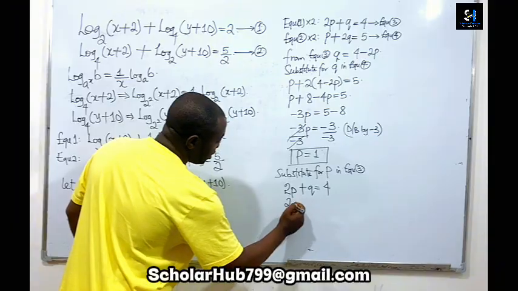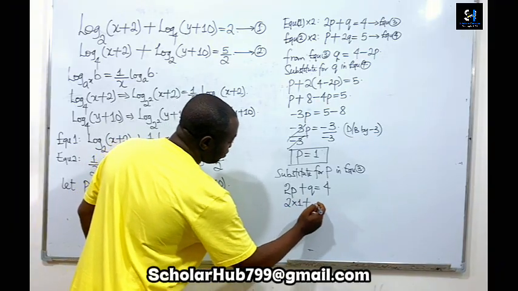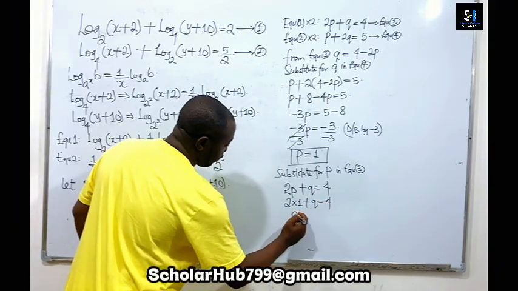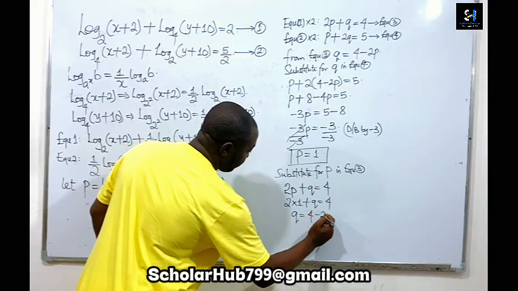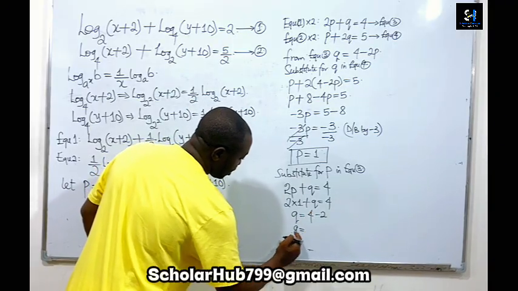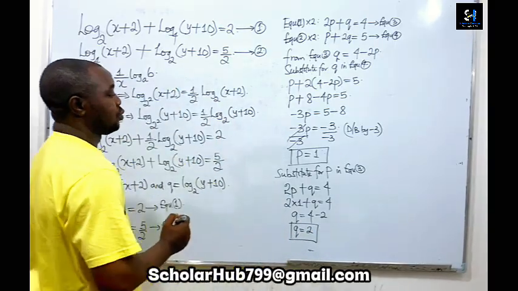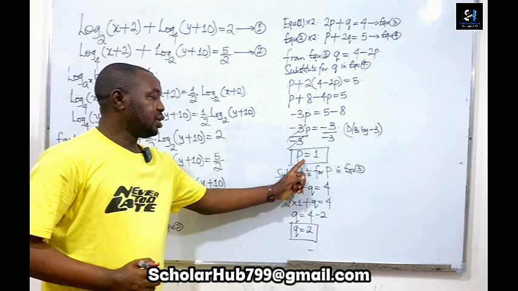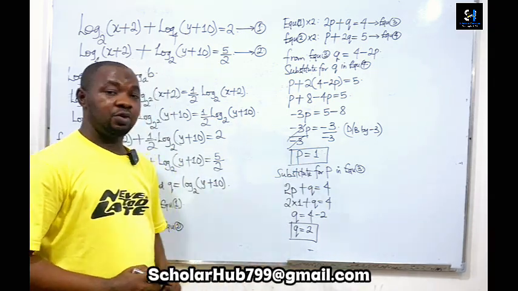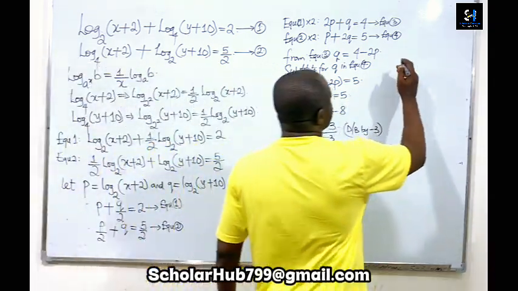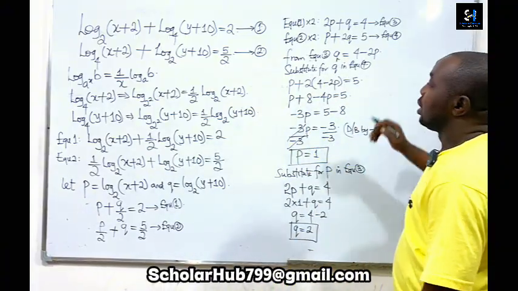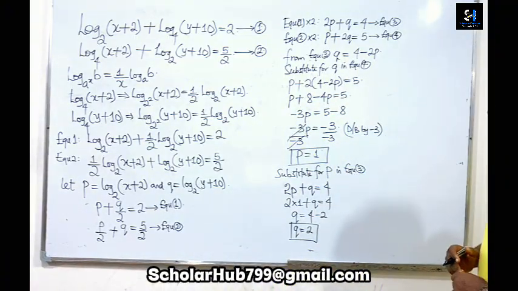So p is 1. So we have 2 times 1 plus q equals 4. So q will be equal to 4 minus 2, and 4 minus 2 is 2. So the value of q is 2. So when the value of p is 1, then the value of q will be 2.